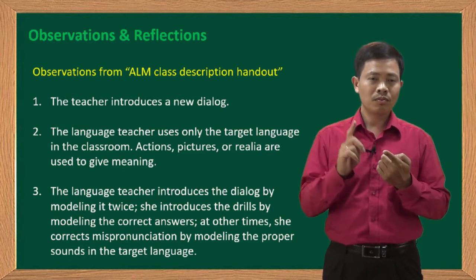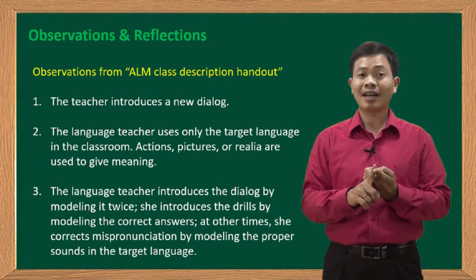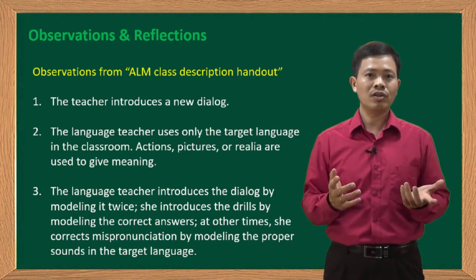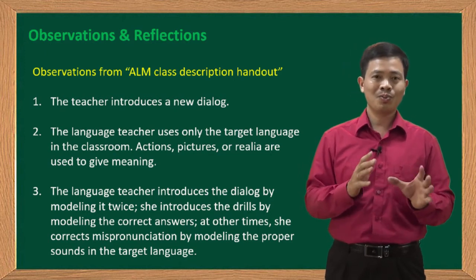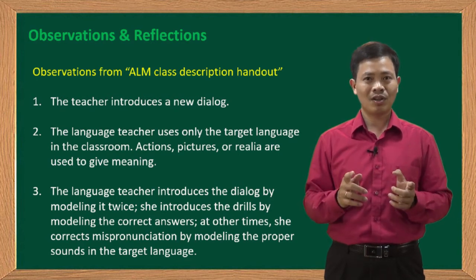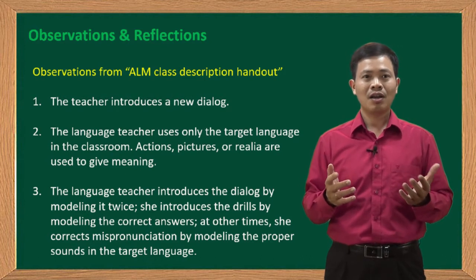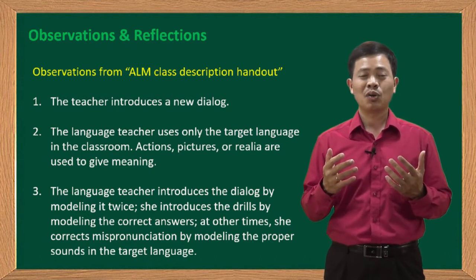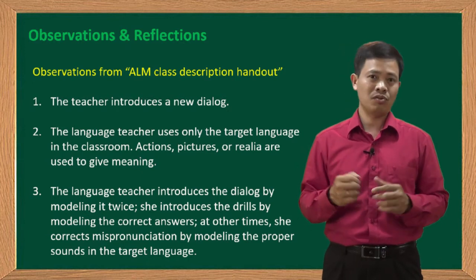Number one, we see that in the class, the teacher introduces a new dialogue. According to the audiolingual method, language forms do not occur by themselves. They occur most naturally within a context. That's why the dialogue was used.